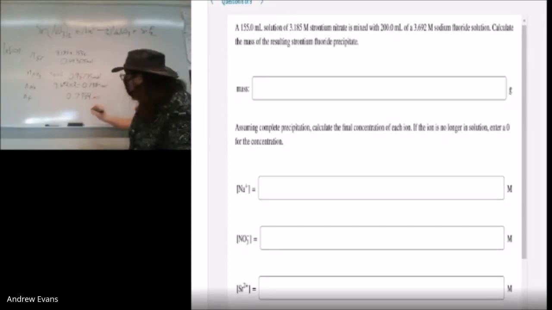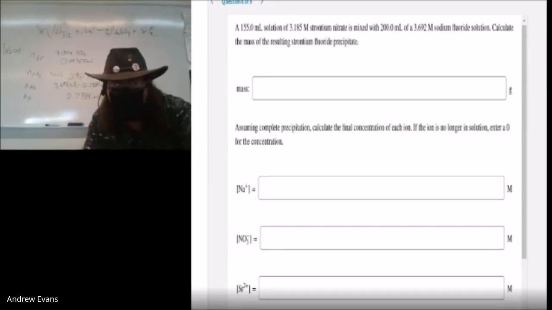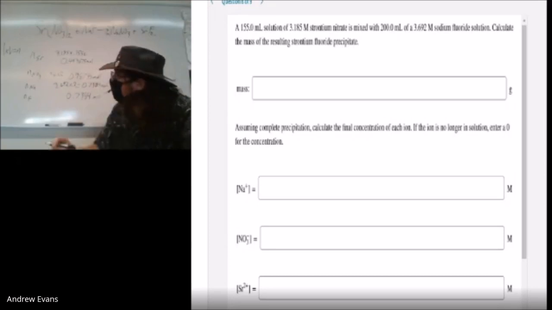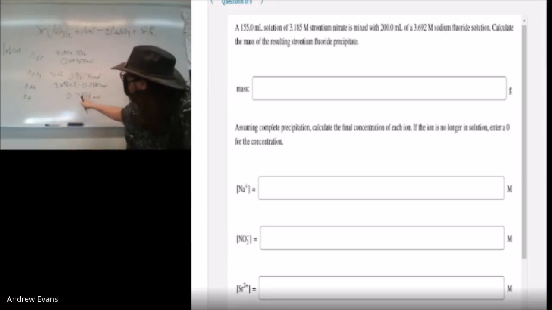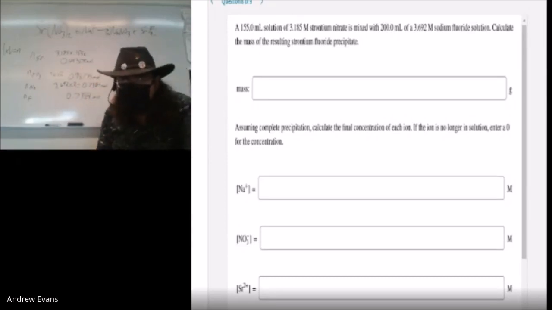Now we want to figure out the limiting reagent. It's either going to be strontium or fluorine. Now you may be thinking, well, strontium has a lower moles, so fluorine would be in excess. But we need to look at our balanced chemical equation. For every 1 strontium ion, we need 2 fluoride ions.